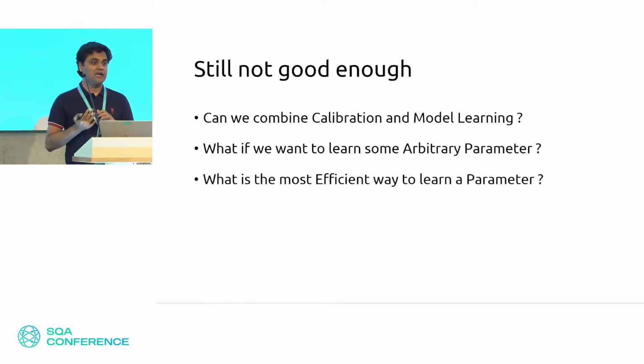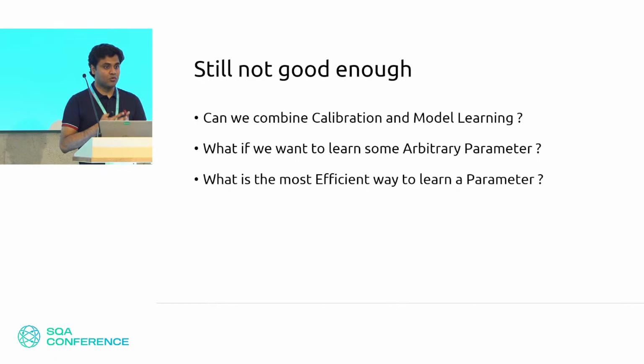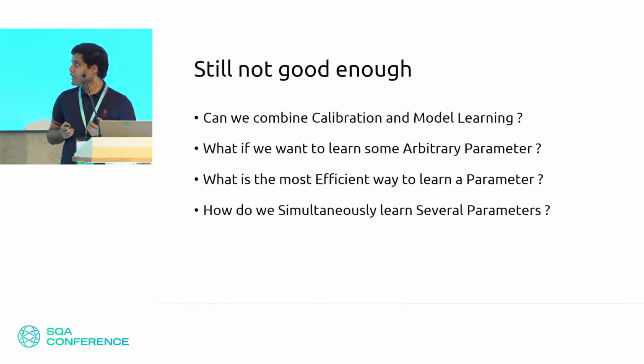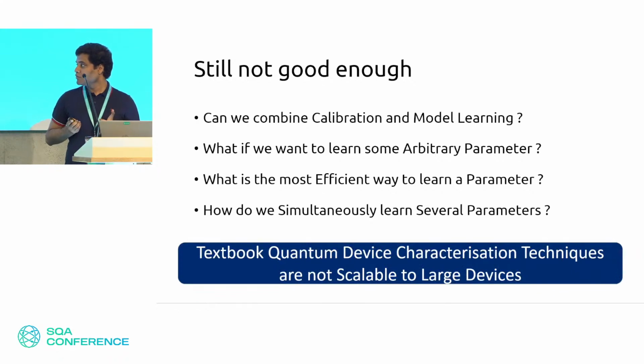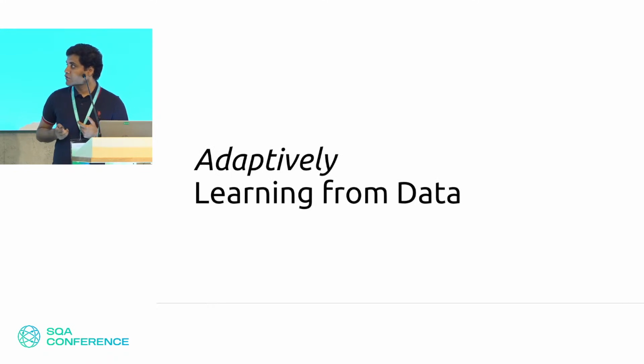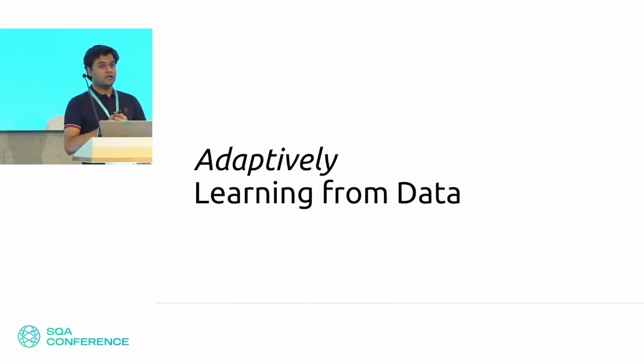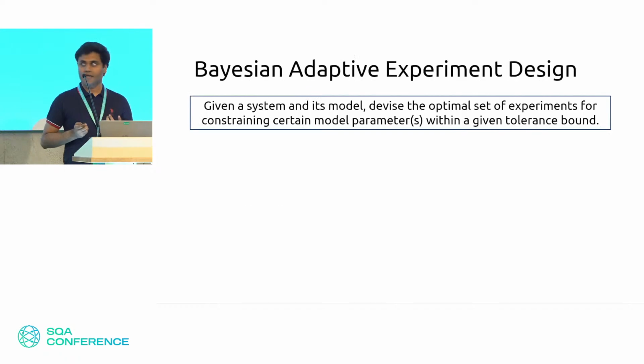Because even if they are okay-ish when we are doing smaller systems, when the systems grow, if our techniques are not the most efficient ones, they will not scale. And how do we learn several parameters at the same time? So the bottom line is that the textbook techniques that we have are great when we have 5 qubits, 10 qubits, 20 qubits, but not so great as we go towards 100, 200 qubits. And what we are proposing as a solution to that is to adaptively learn from the data.